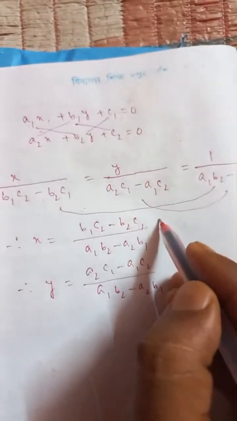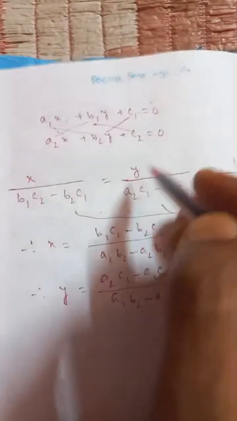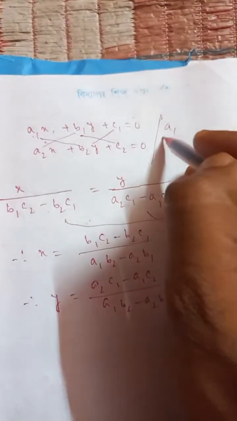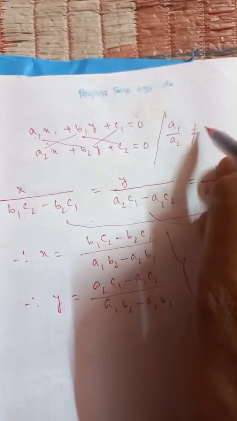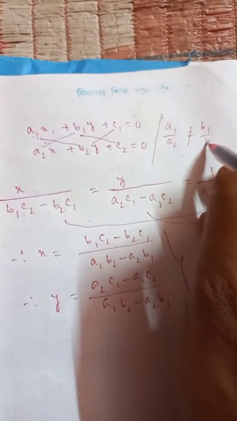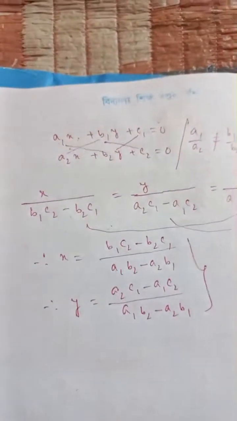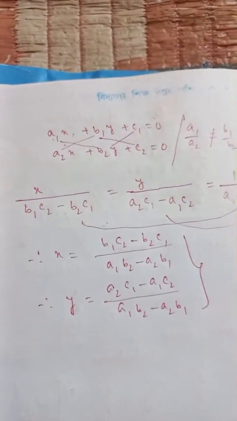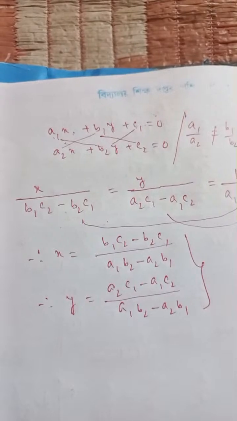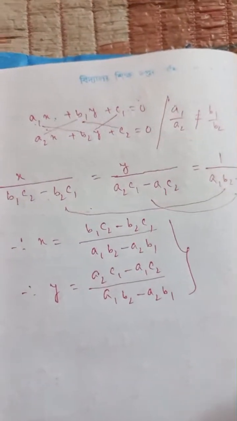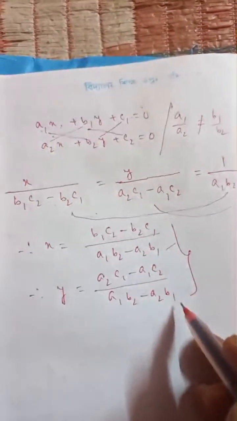So this is the solution of these two equations with the given condition that a1 by a2 is not equal to b1 by b2. In these two ways we can solve this type of equations very quickly and get the single solution.